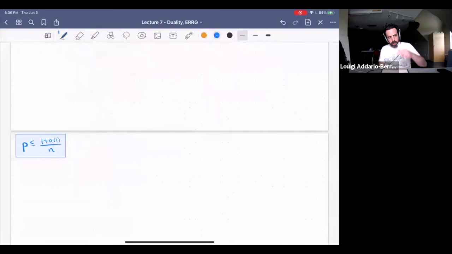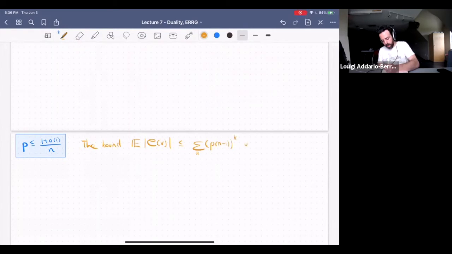In this case, the bound we got, which was the sum of p(n minus 1) to the k, is useless if we're allowing p bigger than 1 over n minus 1, obviously. So we need to do something else. The new tool we use is comparison with the branching process.